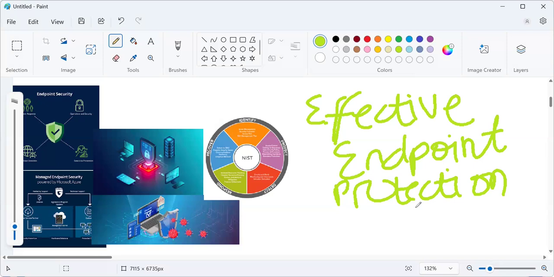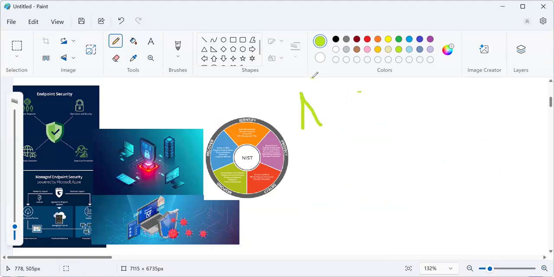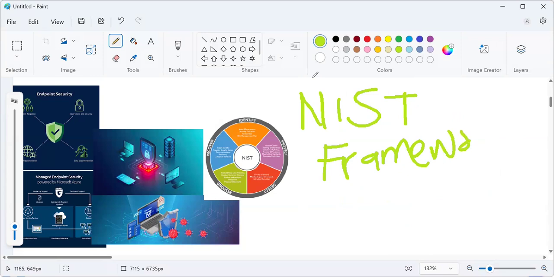These references are a set of recommended practices specifically designed to help small organizations implement effective endpoint protection controls.